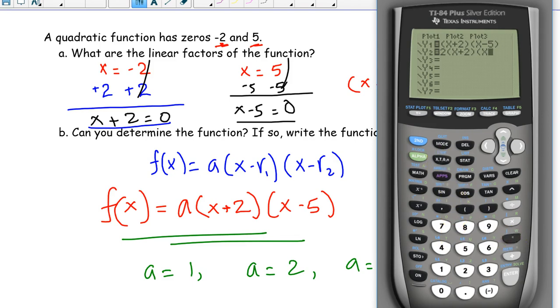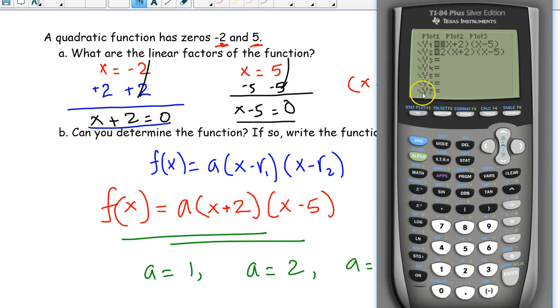X minus 5, close, hit graph. Your second graph is slightly different. Alright, let me just take some values for y minimum. Just take 25 and see. Okay, so those two graphs are different.